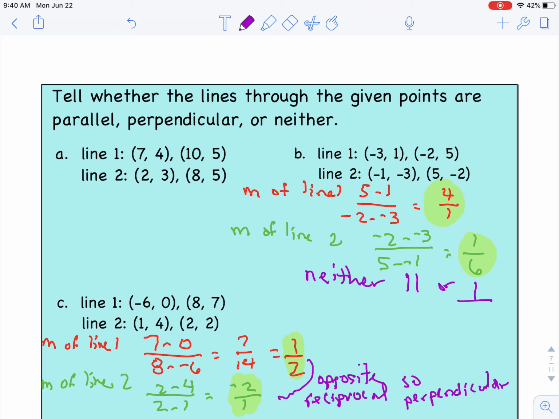And remember, we said if they're perpendicular, the product of their slopes will be -1. And if you take 1/2 times -2 over 1, you get -2 over 2, which is -1. And that's the opposite reciprocal part.